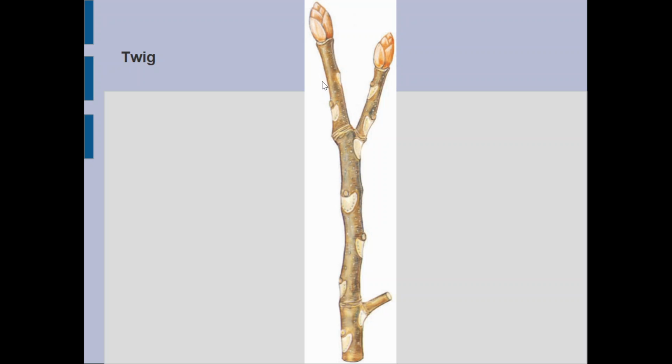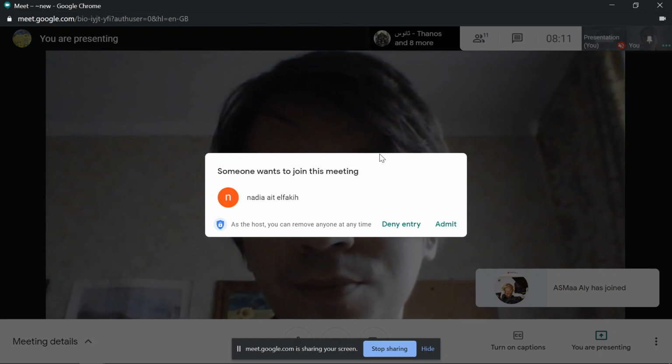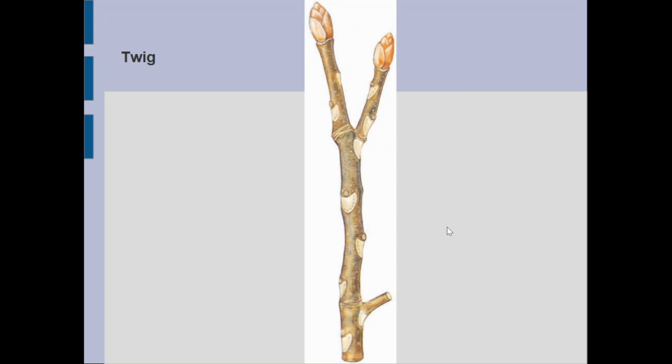So this is woody, and the woody stems are surviving the winter, and can grow much in the circumference, while the herbaceous are usually green and will die during the winter season, and usually are small in diameter.